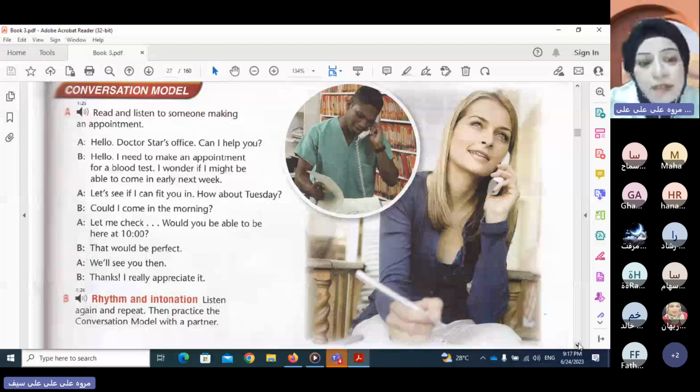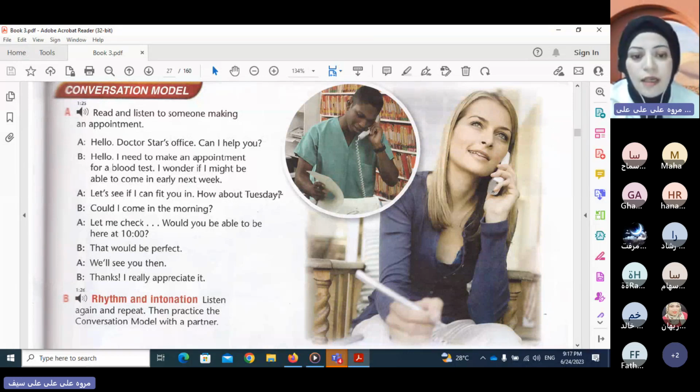Okay, now before we practice the conversation together in pairs, I want to comment on certain patterns of pronunciation here. How did speaker A pronounce this part? How about Tuesday? Is it "how about Tuesday" or "how Tuesday"? Do you remember?